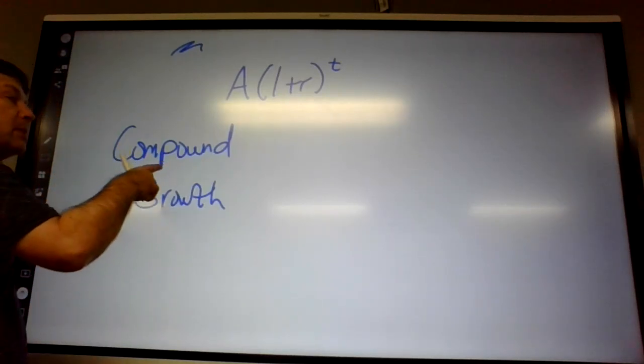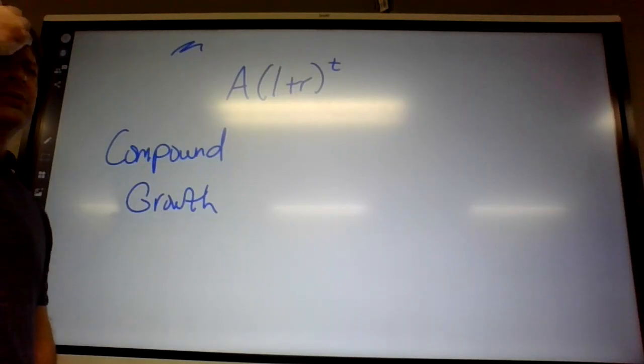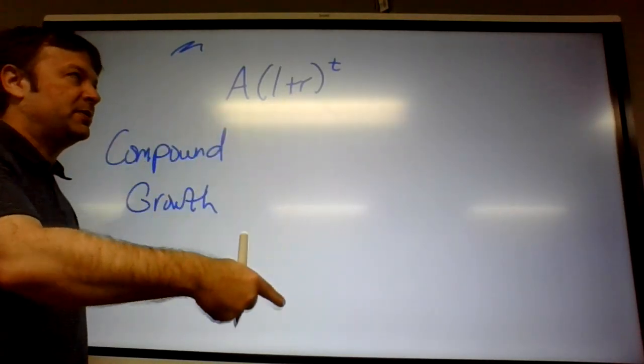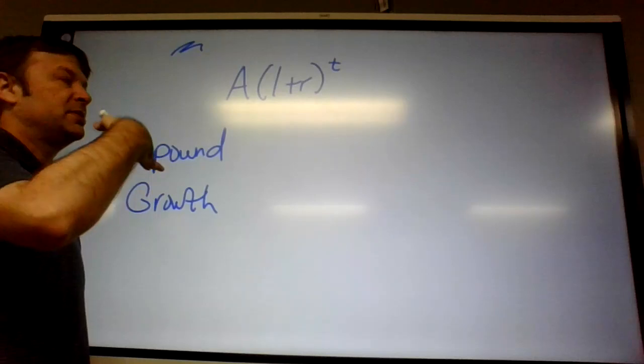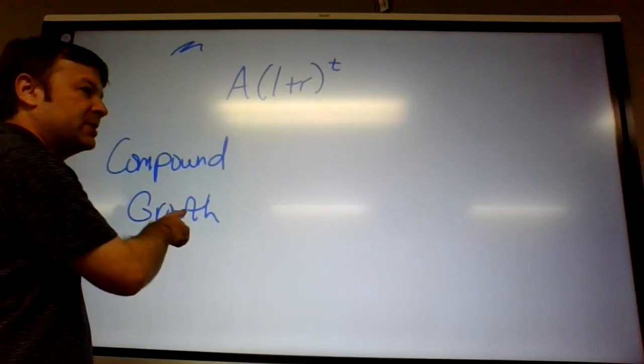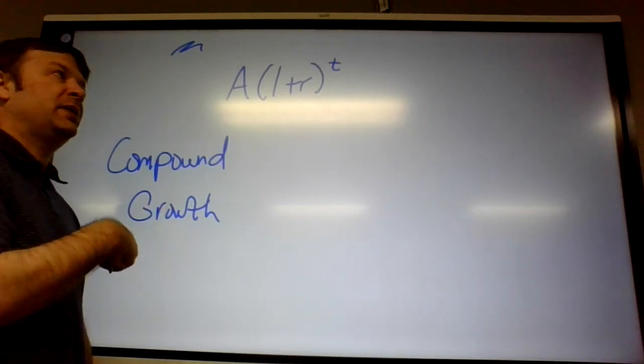All right. Compound growth is, so a simple interest or simple growth is like once per year, it's going to grow by this much. So it goes up like that. So for compound interest, maybe it gets paid monthly or weekly or daily.